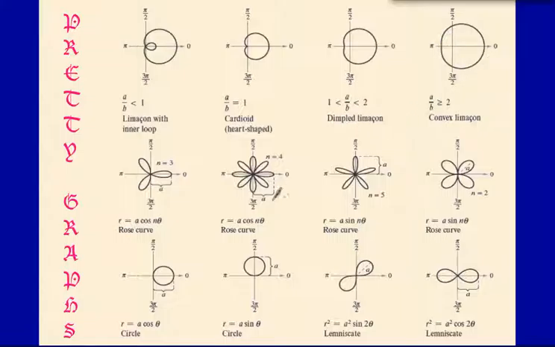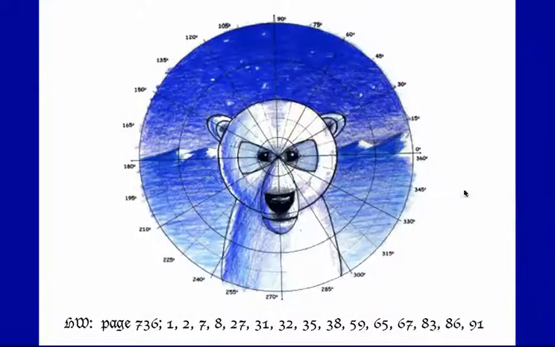We have the rose, which we drew, and with more petals, etc. Circles, we've certainly drawn that before. I like this one because it's the lemniscate, which is like the infinity symbol. You can make it horizontal or askew.